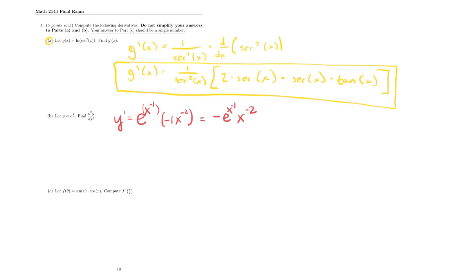Now if I want to take the derivative again, I will need to use product rule. So let's take the derivative of this part first.